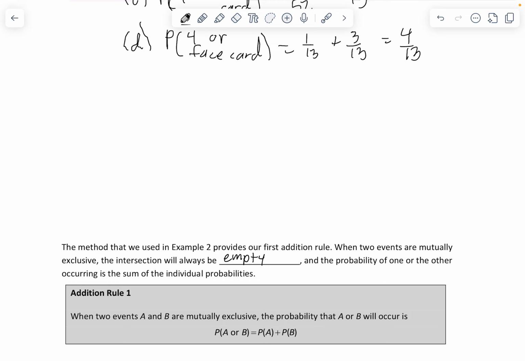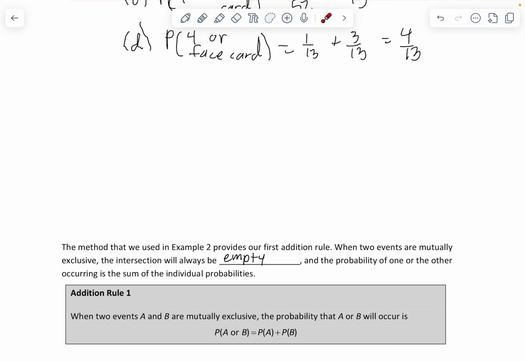We'll call this addition rule 1. When two events, A and B, are mutually exclusive, the probability that A or B will occur is given by this formula: the probability of A or B is equal to the probability of A plus the probability of B.